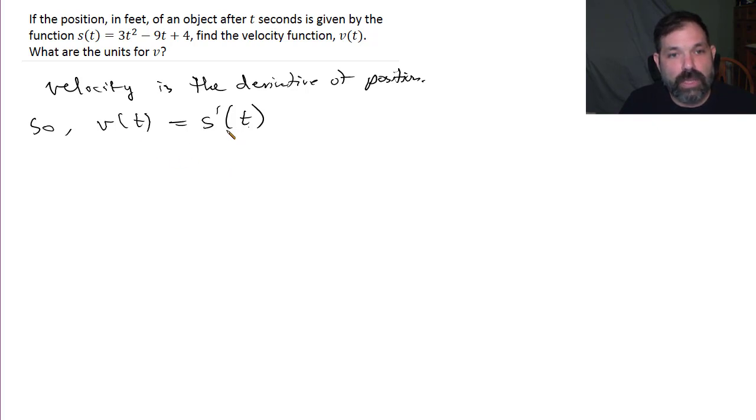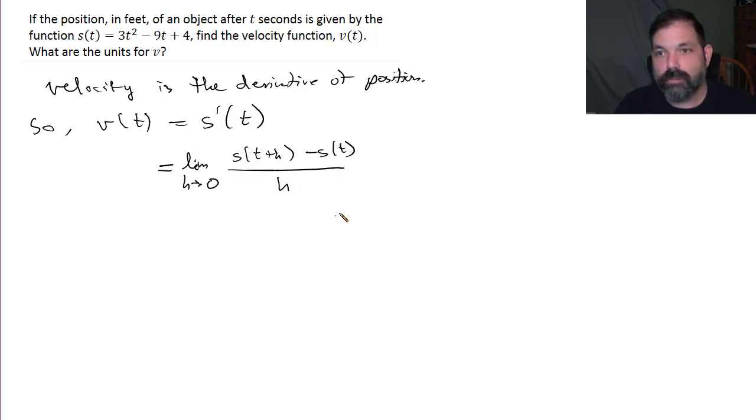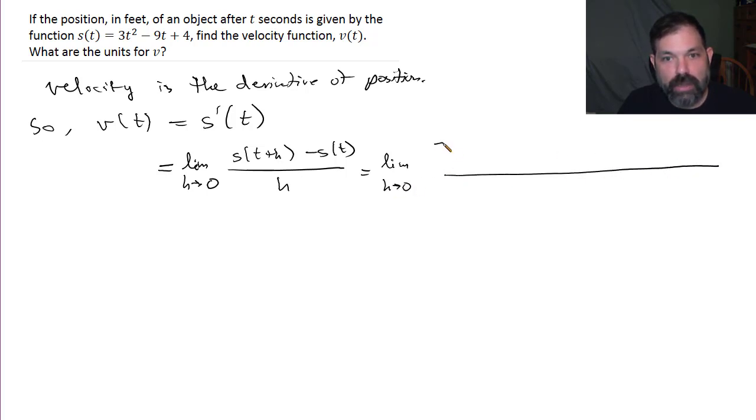Alright, so v of t is s prime of t, and so that would be the limit with h approaching 0 of s of t plus h minus s of t over h. So that would be the limit with h approaching 0, s of t plus h.